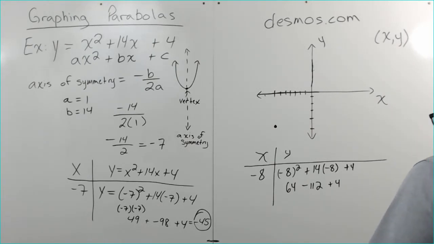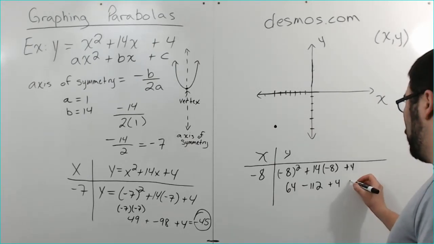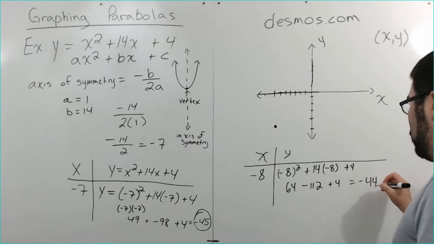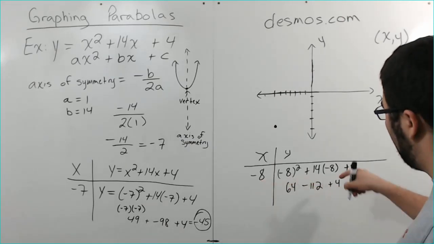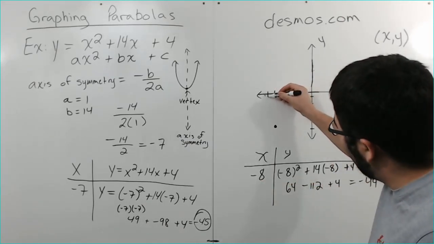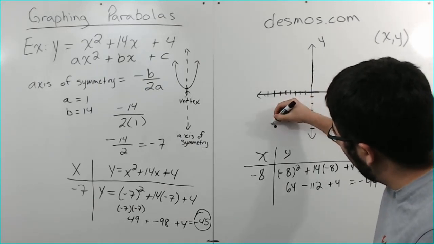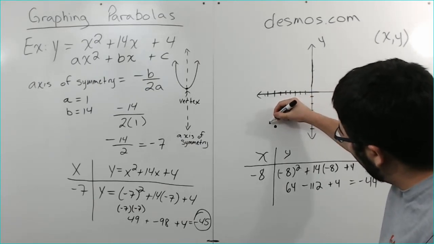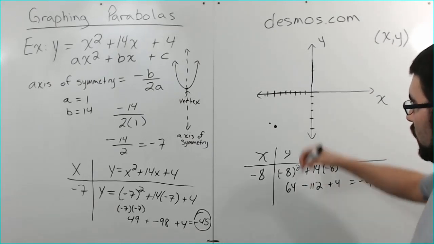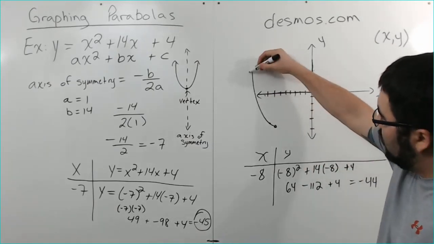And you actually get negative 44. Okay, so negative 8, negative 44. Negative 8 is going to be here. Negative 44 is going to be like right here. And so that means this parabola is going to be doing something kind of like that.